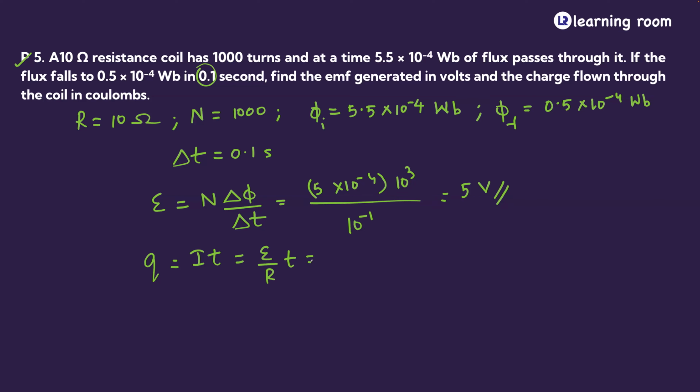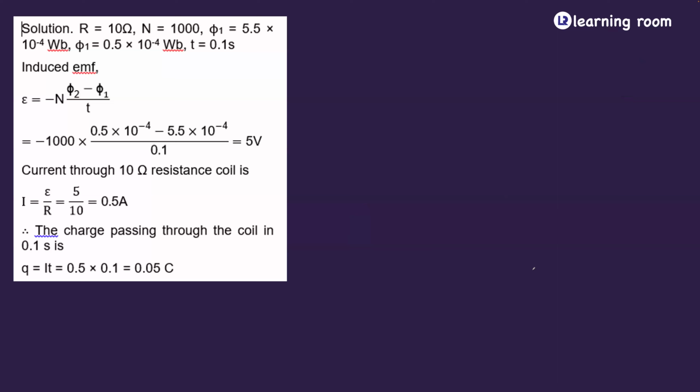So it is going to be 5 divided by resistance, which is 10, into the time it takes, 10 power minus 1. So 10 will go to the denominator, and the answer will be 5 into 10 power minus 2 coulomb. So 0.05 coulomb, and the value of EMF is going to be 5 volt.